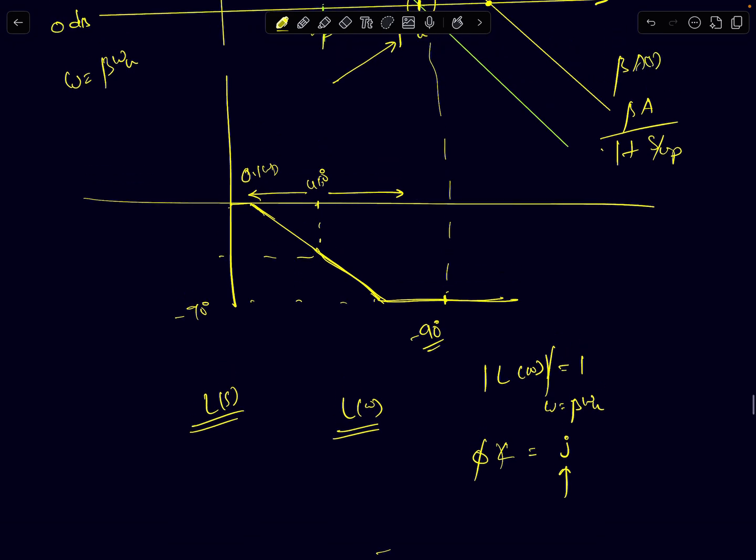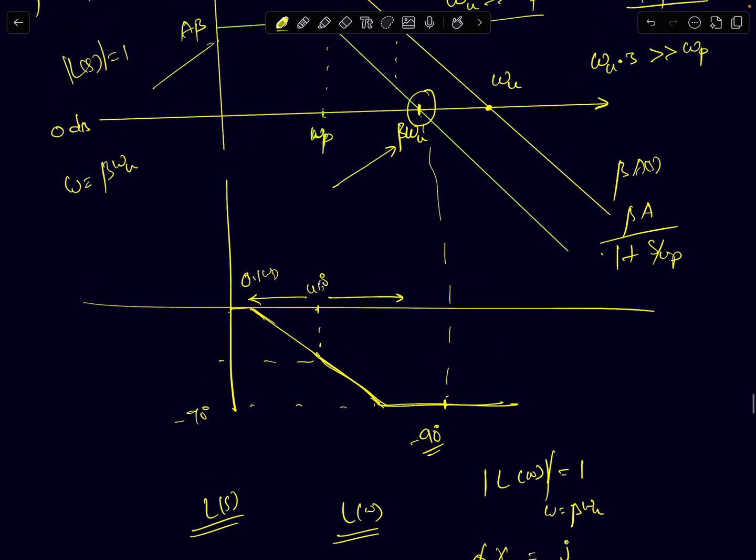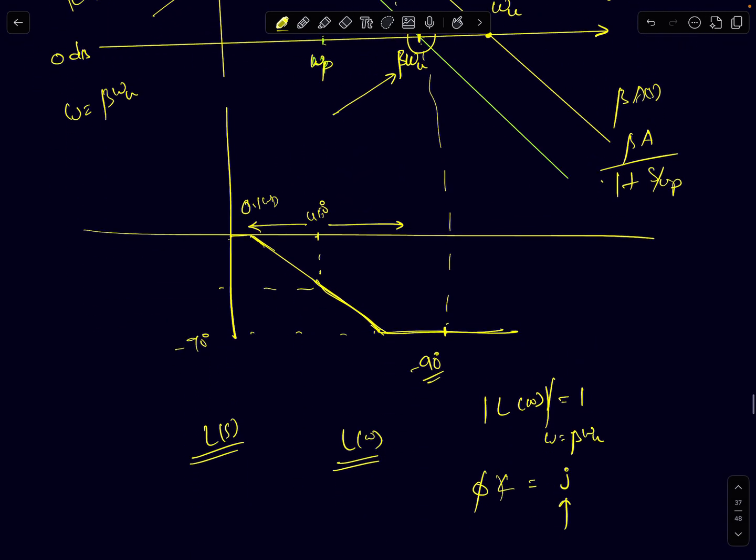So it's like I'm adding a complex number to the loop gain, and the phase response is this. The magnitude of this will be 1 by 1 plus j times, actually it is 1 minus j times. So here you guys have to be a little bit careful when I talk about what happens to the phase response.